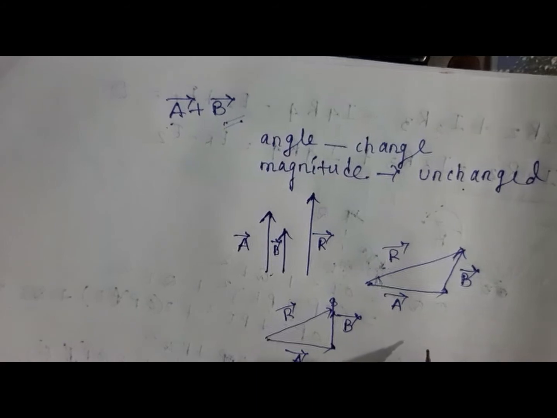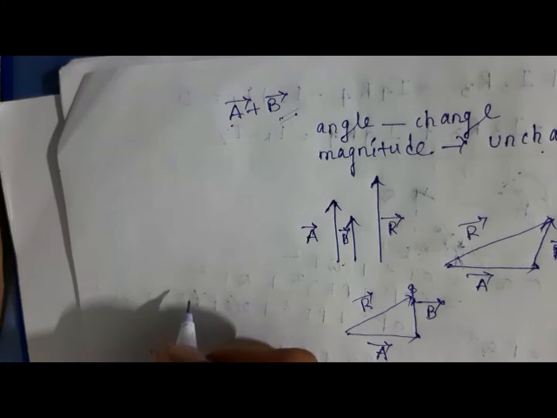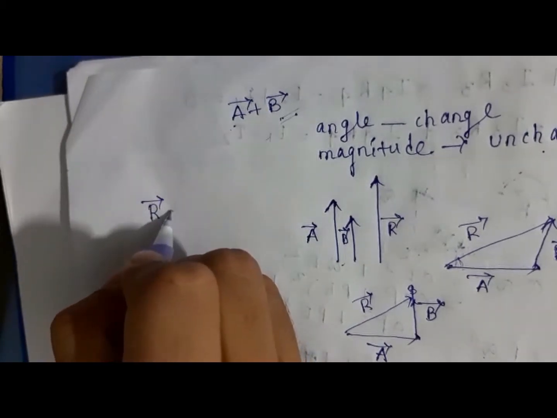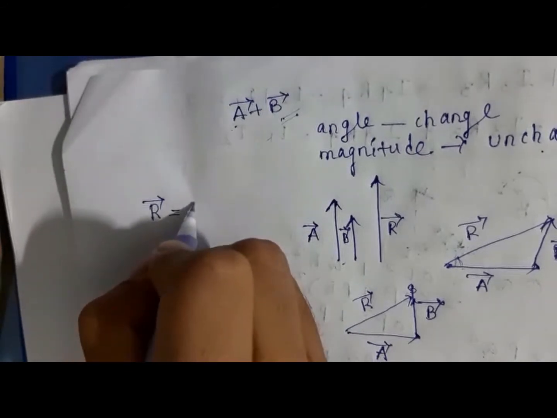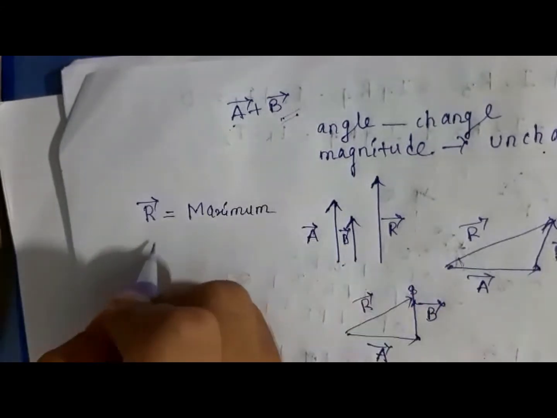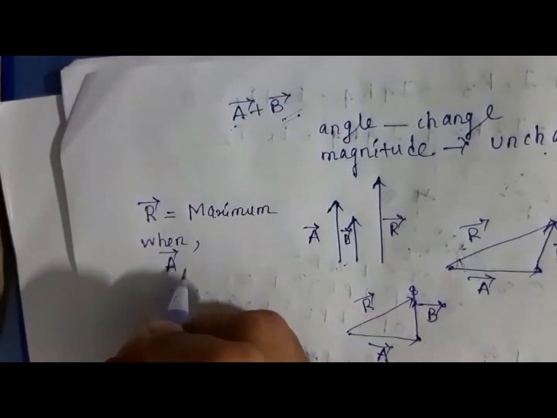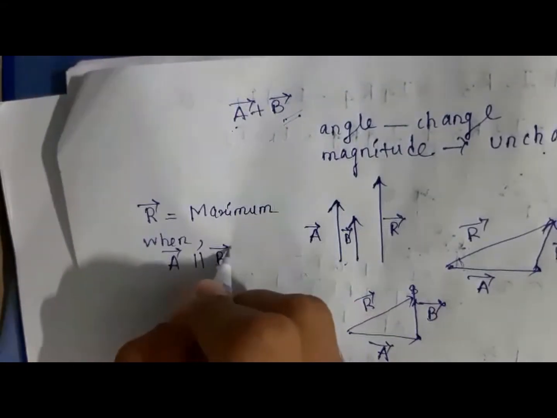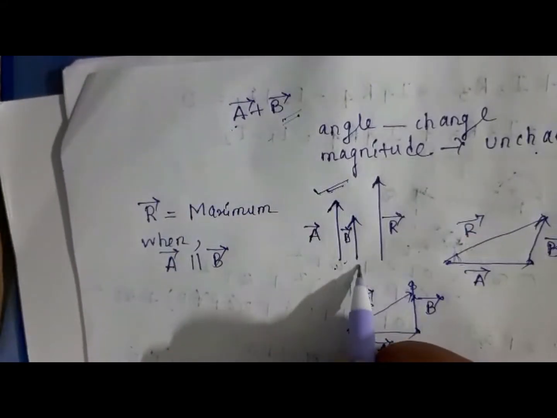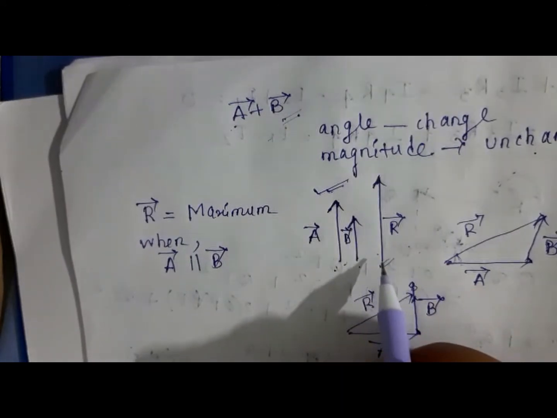Now you have to see one thing, that your R is maximum when your A vector is parallel to your B vector. Means at this condition, you see your A vector is parallel to B vector, but at that condition your R vector is maximum.